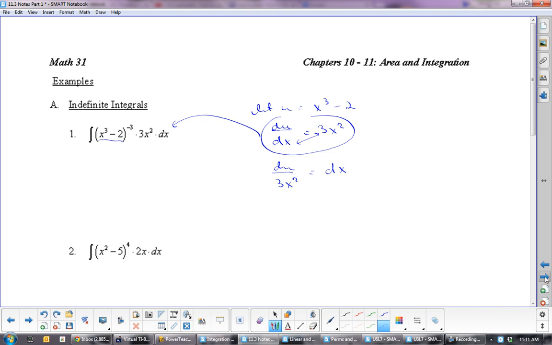Now, all I'm going to be putting in is my substitution. So I am going to take this and this and get it into here. So this would be the integral of u to the negative 3 times 3x squared times du over 3x squared.